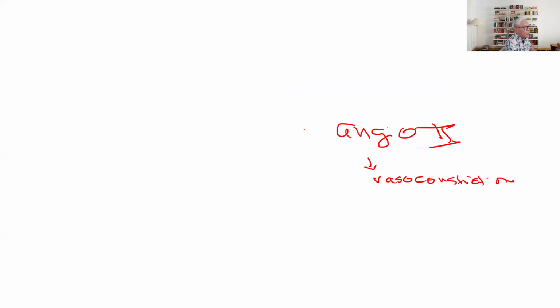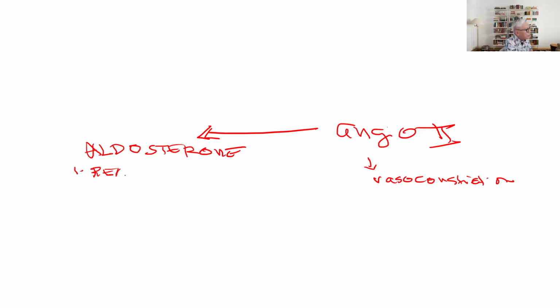But it also is going to activate aldosterone. What were the two functions of aldosterone? The first function was, remember, reabsorb sodium. What was the other one? Eliminates potassium.